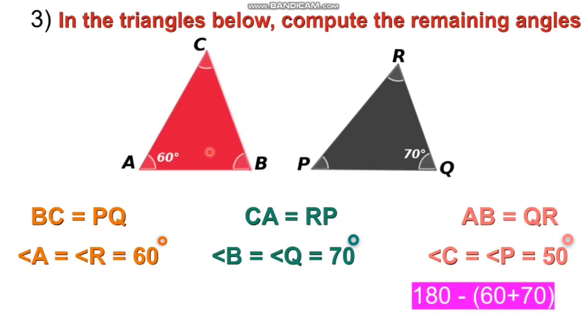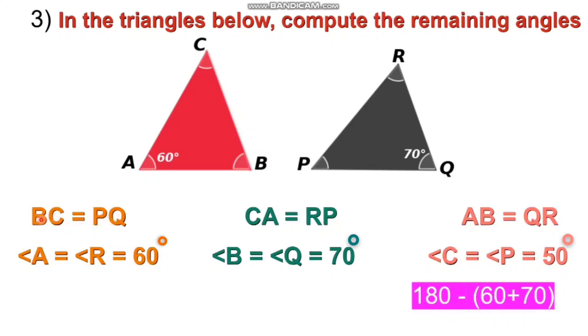Then we can find their measures. In the figure given, angle A is 60 degrees. One angle is given in triangle ABC and one angle in triangle PQR is also given: Q is 70 degrees. Using these two angles and the theorem, we find the measures of the equal angles. Given BC and PQ are the equal sides. We know angles opposite equal sides are equal.